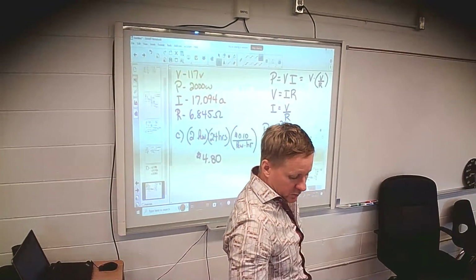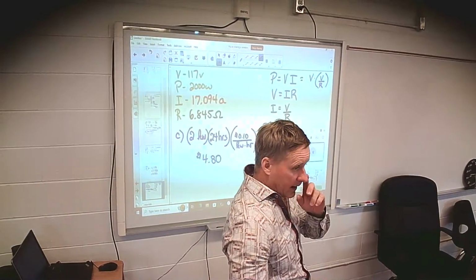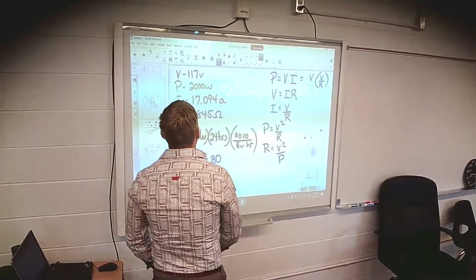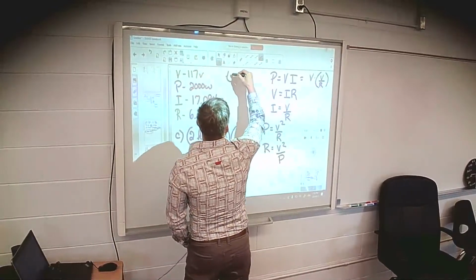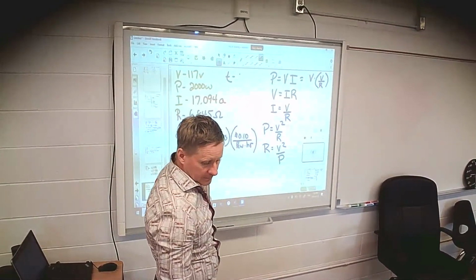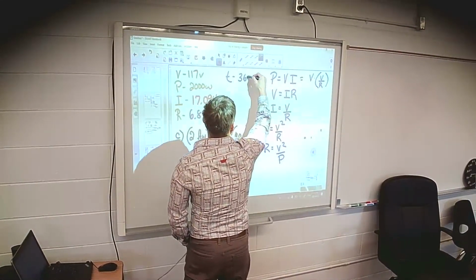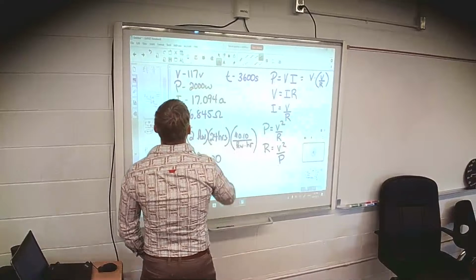And the final thing is, what is the quantity of heat in kilocalories that's developed in 1 hour? Okay. So now I'm going to change this to seconds. How many seconds are there in an hour? 3,600 seconds. Okay.